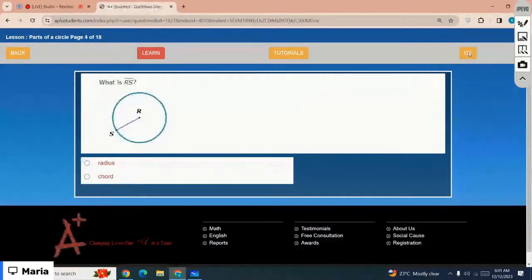Is it radius or chord? Radius it is. That is the radius of the circle.